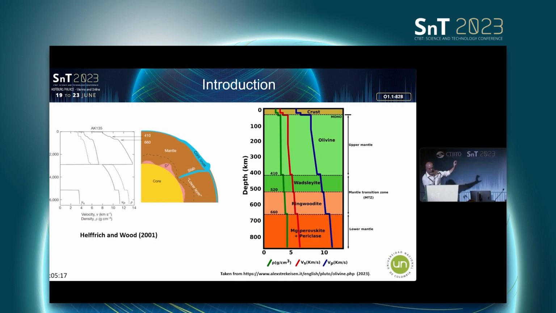That is the mineral that you see in this contrast between 410 and 520 kilometers. Then ringwoodite, which is near 660 kilometers. This is olivine alpha, beta, and gamma. And then after 660 kilometers we have the mineral perovskite. Basically, this is the contrast of density that produces these changes of velocity.